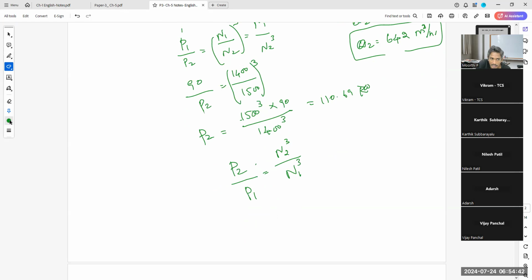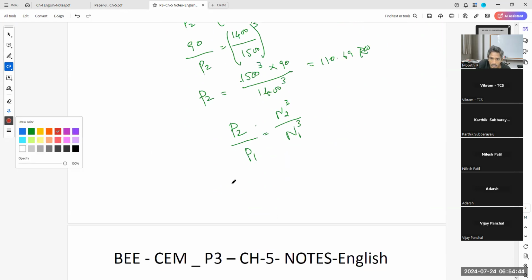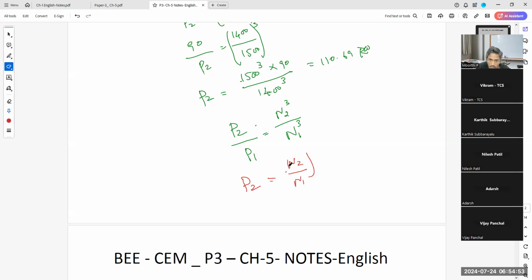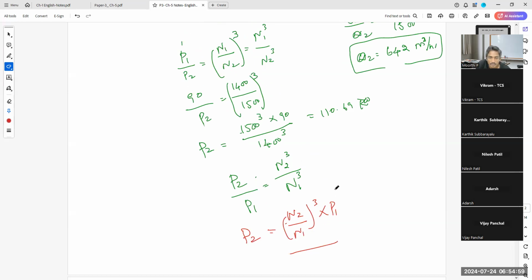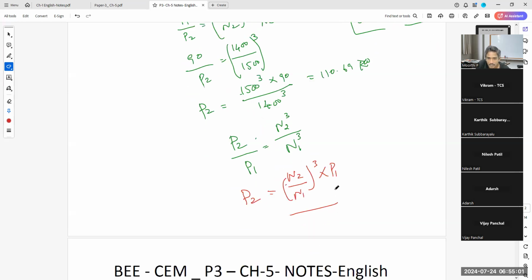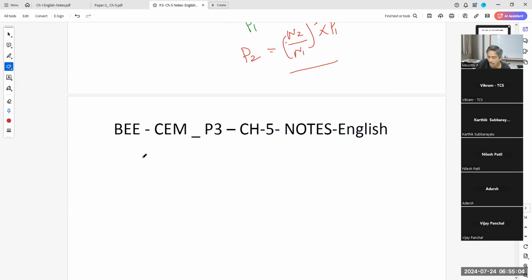Then we can easily find out P2. Okay? Directly, straight away, keep N2 divided by N1 cube, only multiply into P1. Finished? You have to rearrange every formula like this. For understanding purpose, you have to understand everything.